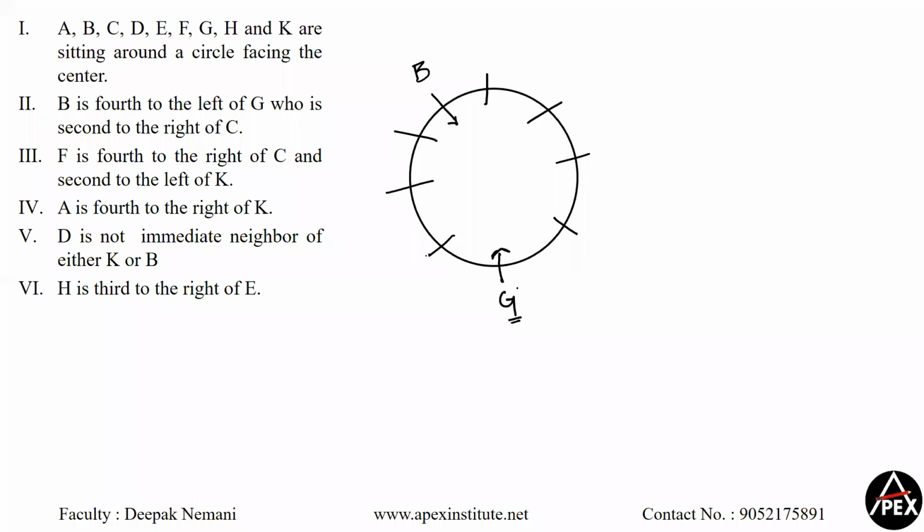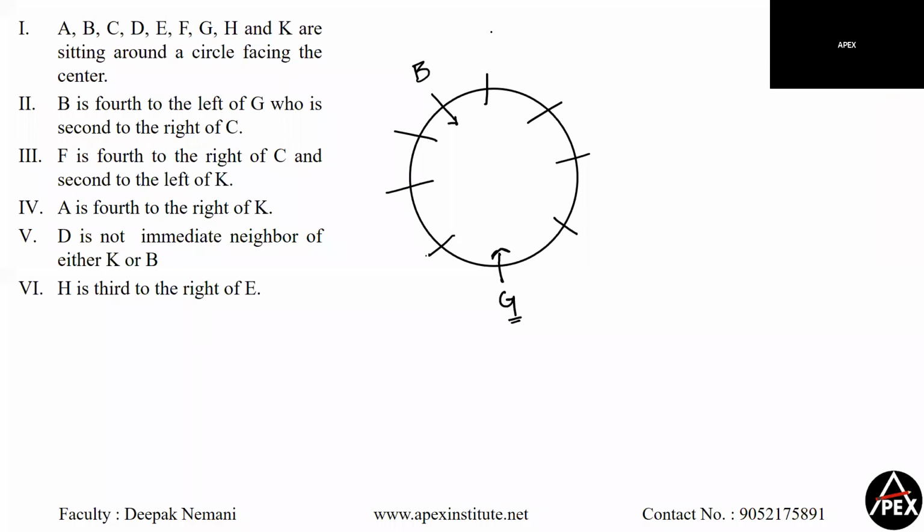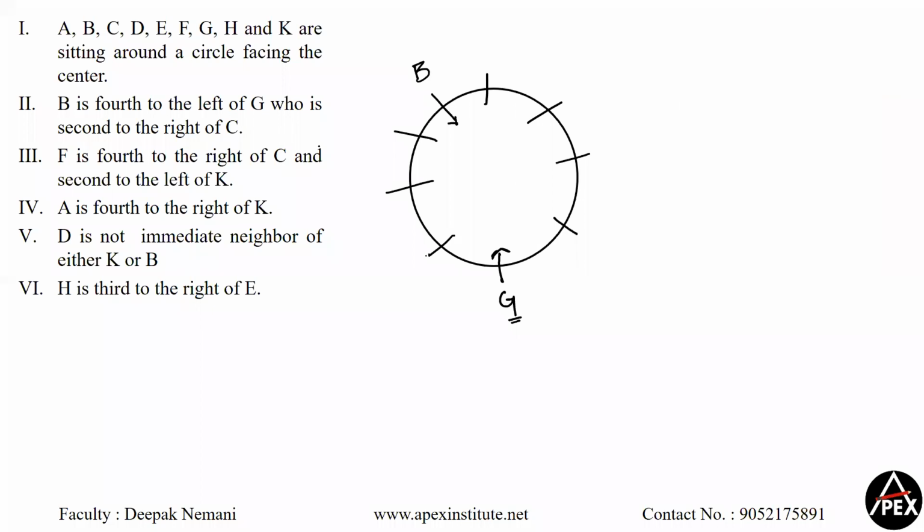So because of this flexibility of choosing a person anywhere, I consider circular arrangements to be easier than linear arrangements. Because in circular arrangements, you have the freedom to choose the place of G anywhere. Clear?